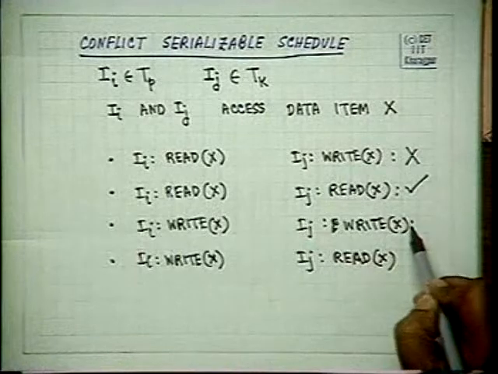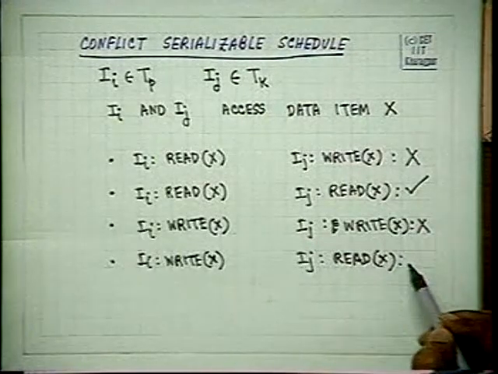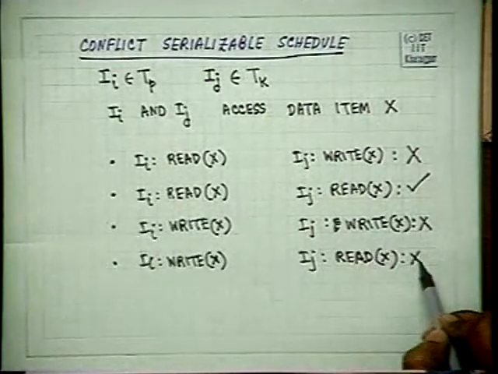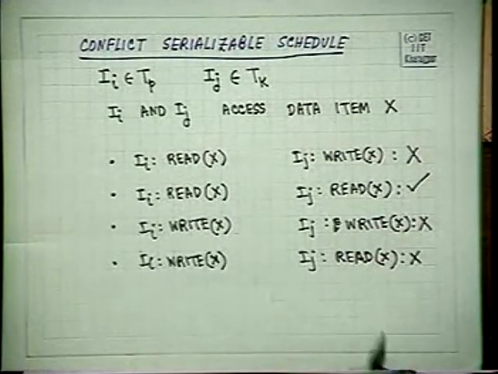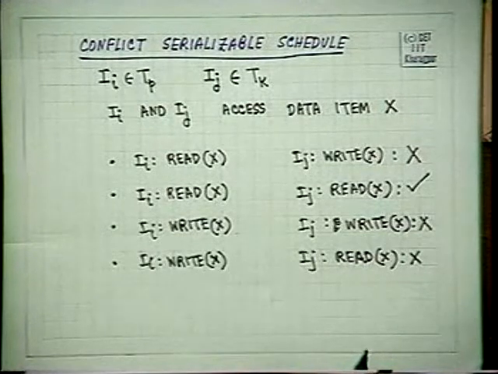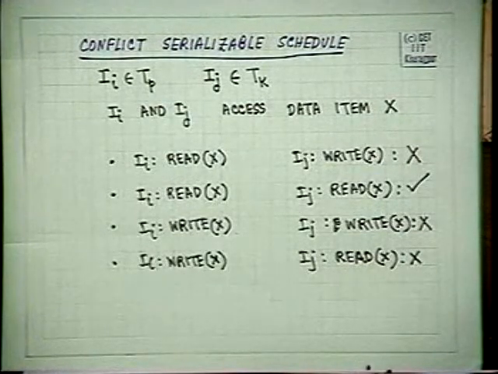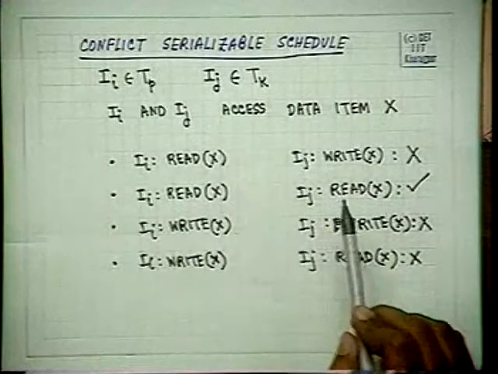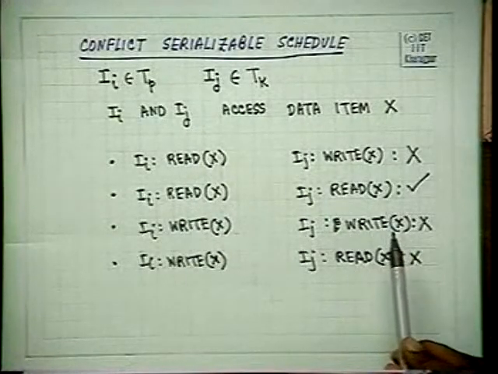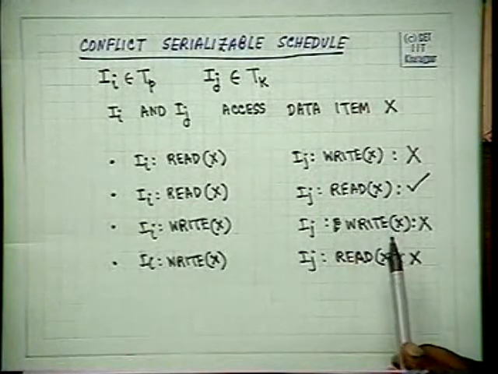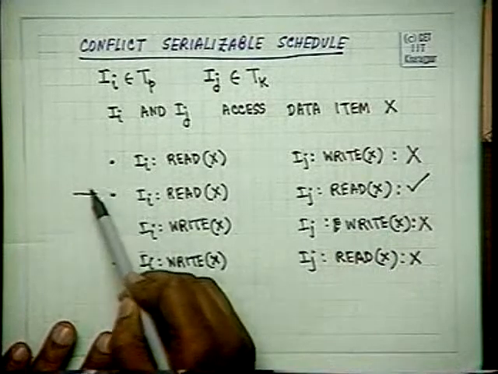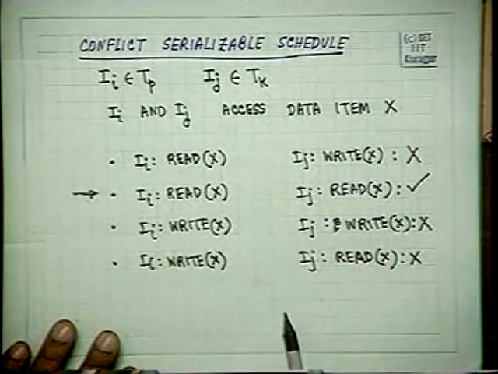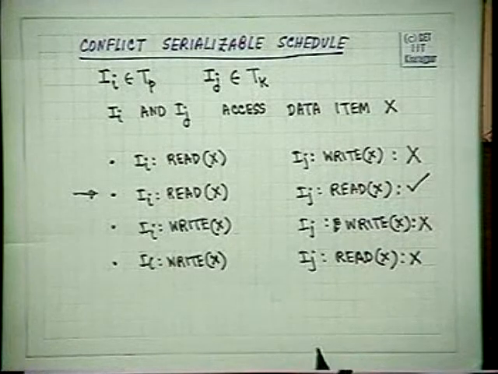This is not okay. This is not okay. And this is not okay. So we can swap them either if they do not access the same data item or only if both are reads. Otherwise, we cannot swap them.